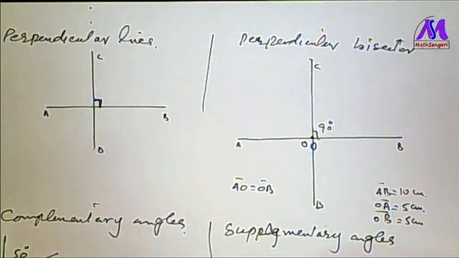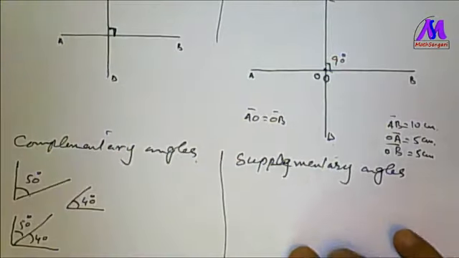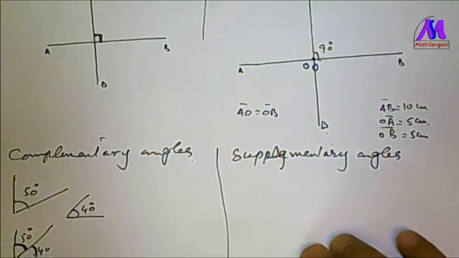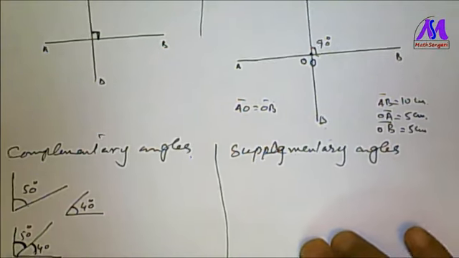When we add these two, 50 degrees and 40 degrees, both become a 90 degrees. So angle 50 and angle 40 are complementary angles.